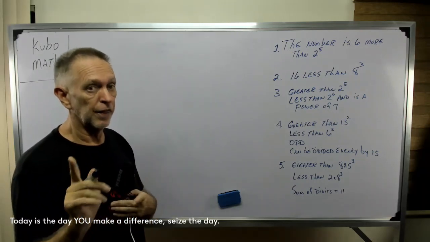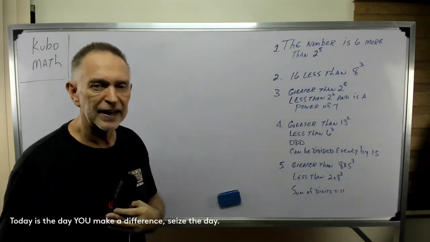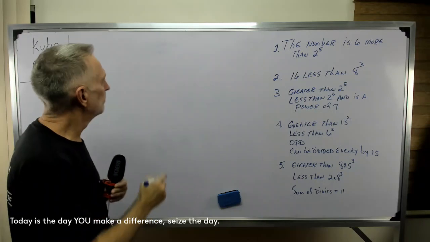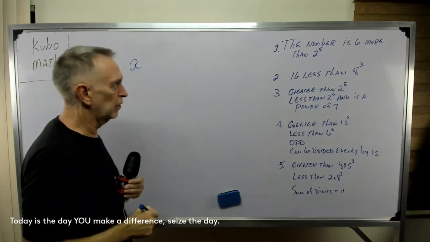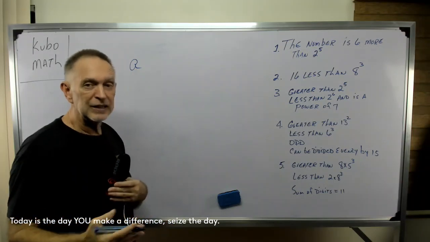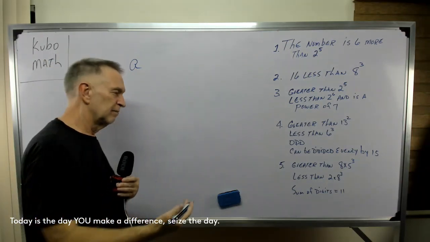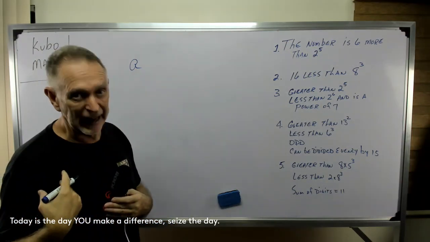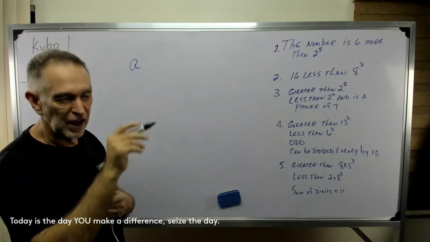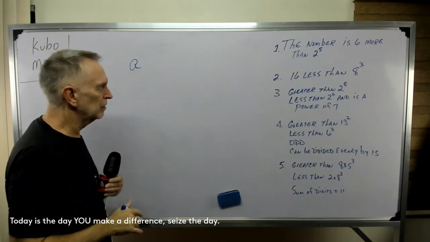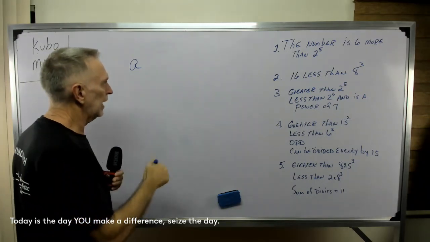Instead of the number, we're going to call it A. That's the number we're looking for. It could be B, C, O, Q, but I actually like X. But since you use the multiplication sign with the X, it might be confusing. So let's call it A.